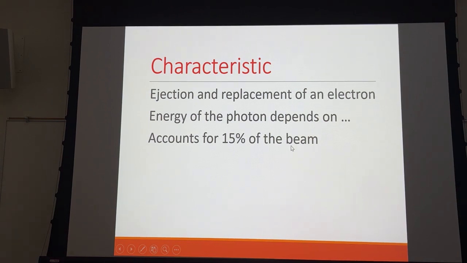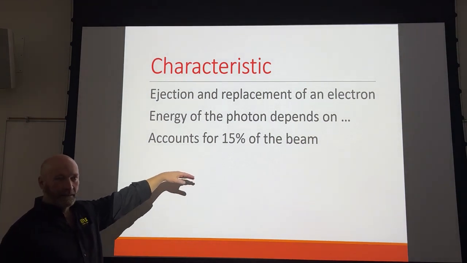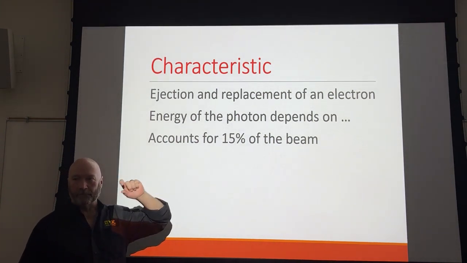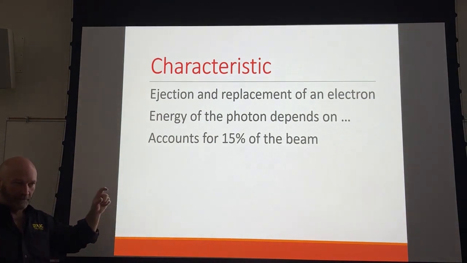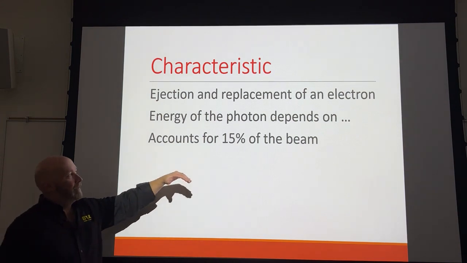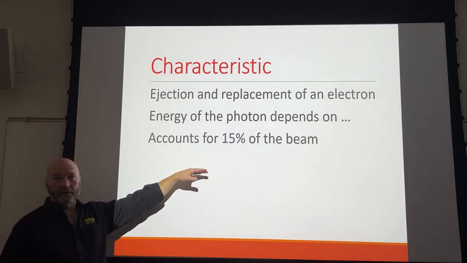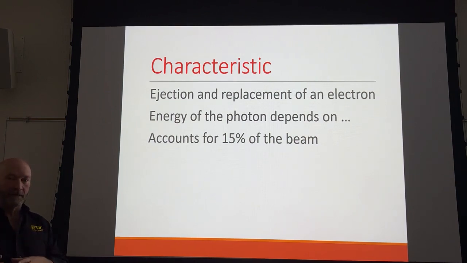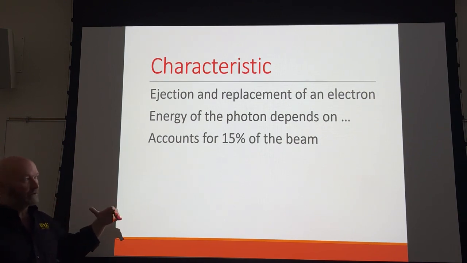So really, the only way this makes sense to me is if we're accounting only for that inner shell electron ejection, right? But maybe 15% of the beam is actually characteristic if we consider every energy level. Because if you study the atomic structure, most of the atomic structure is empty. The nucleus is very small, and the electrons are small in comparison to the overall atomic structure.